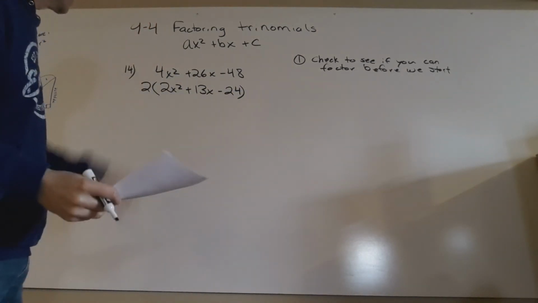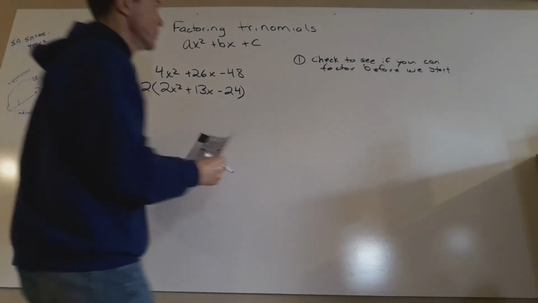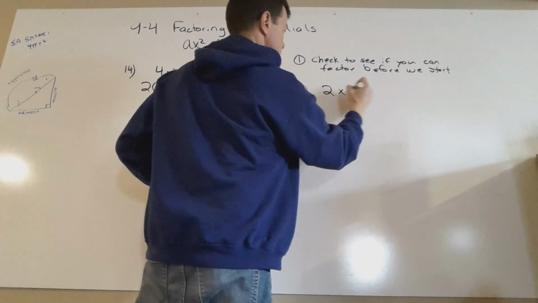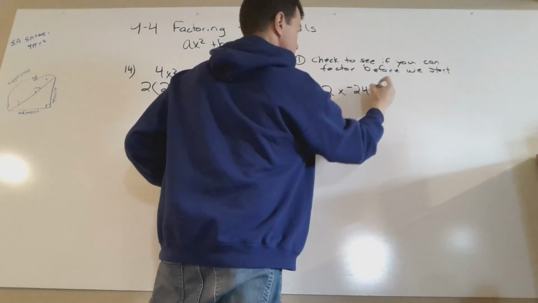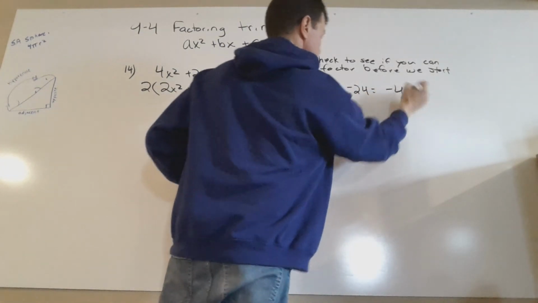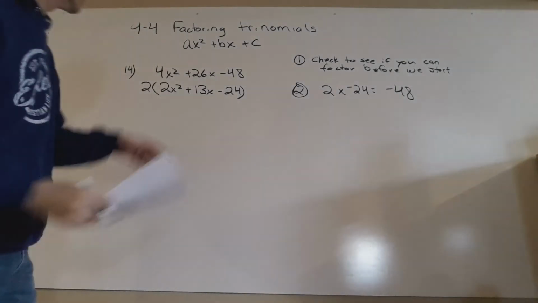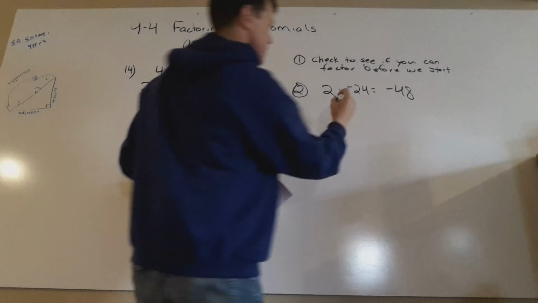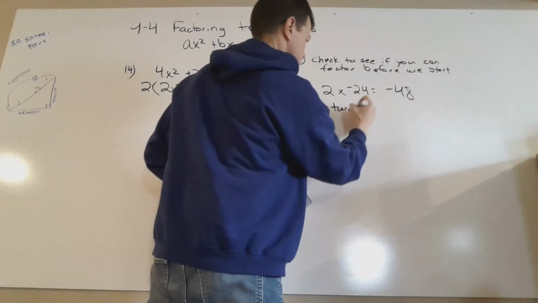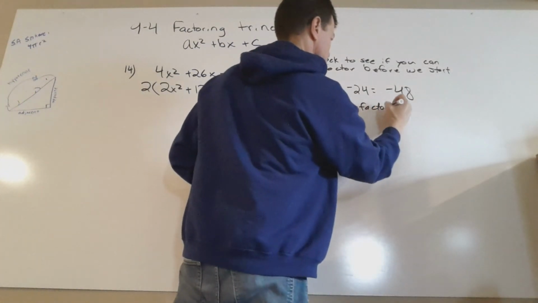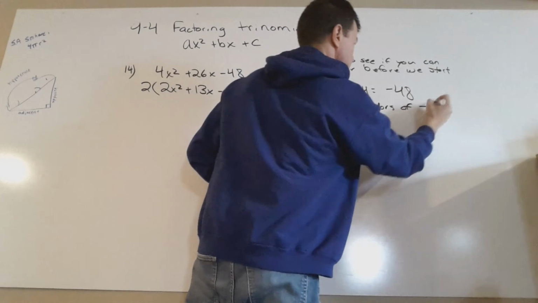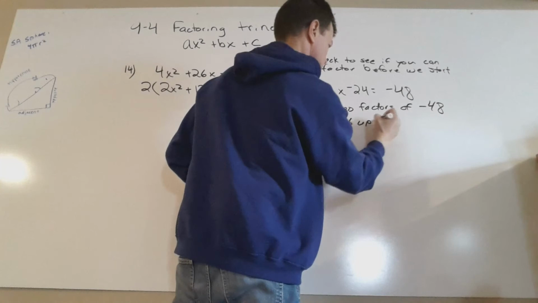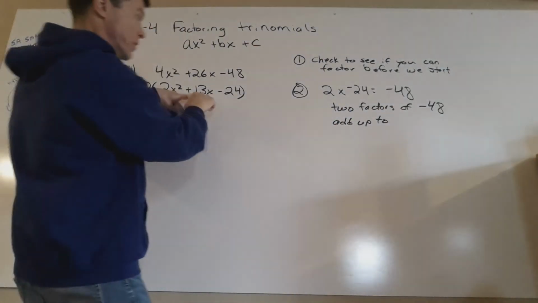On with the rest of our steps. 2 times negative 24. So 2 times negative 24, that equals negative 48. So 2 factors of negative 48 that add up to positive 13.